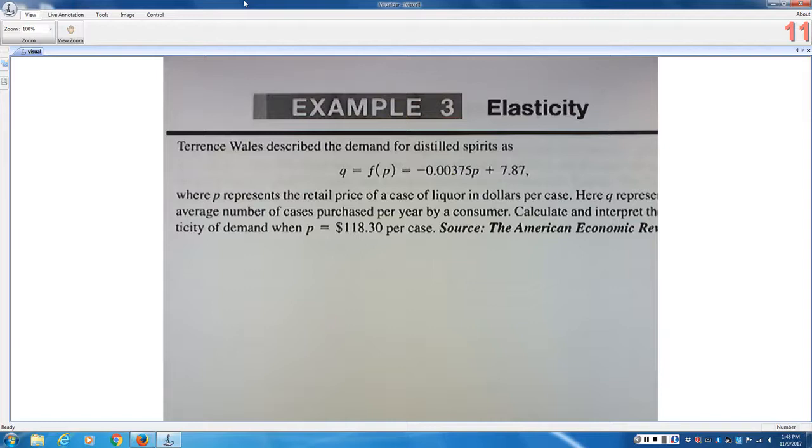So what we're going to do to actually solve this problem is take the derivative of Q. So what's the derivative of Q? Should be pretty easy.